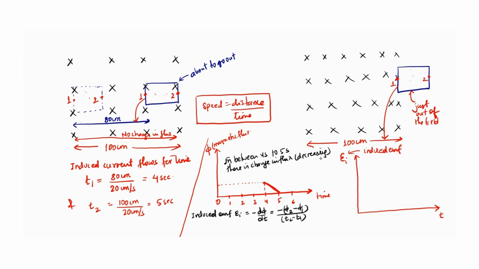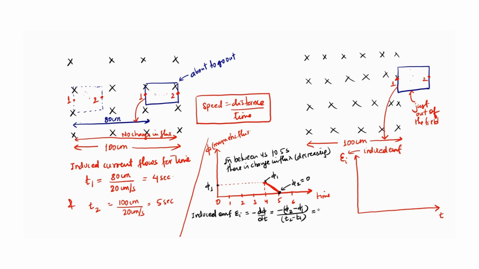So this is to be noted. At this time, that is 5 seconds, let's say this is phi 2 and this is phi 1. So we have this as phi 1. And phi 2 is 0.